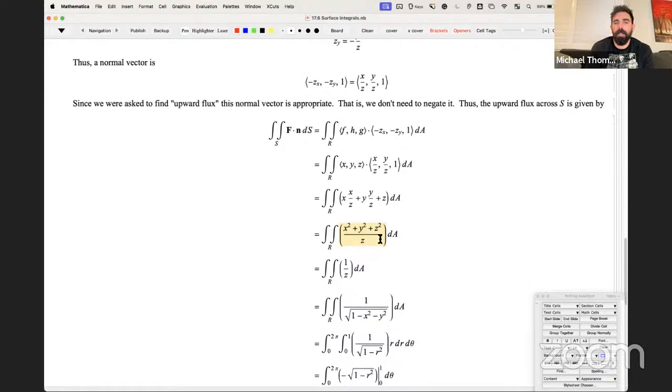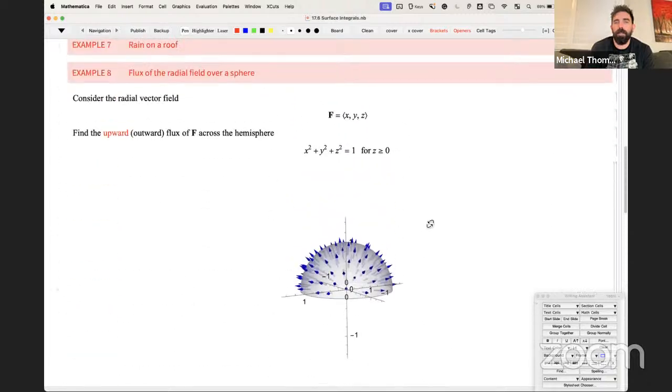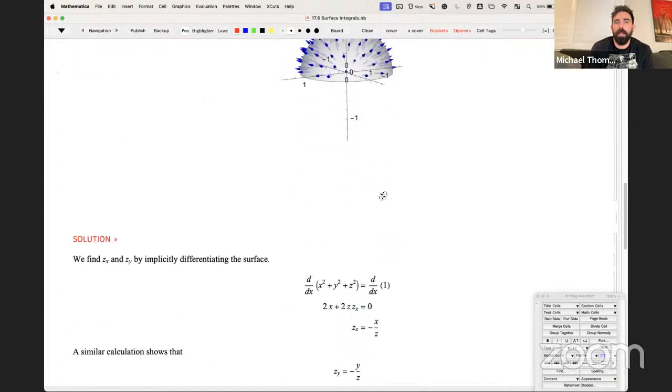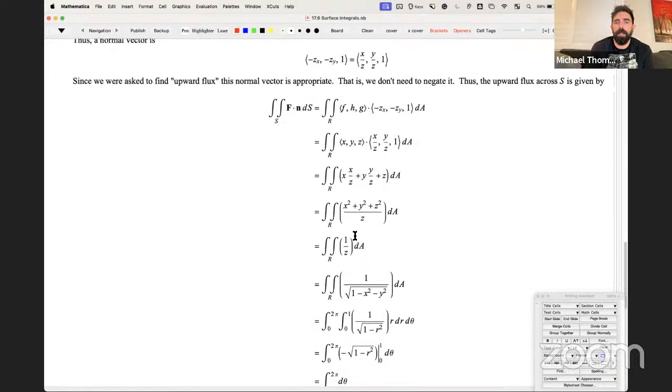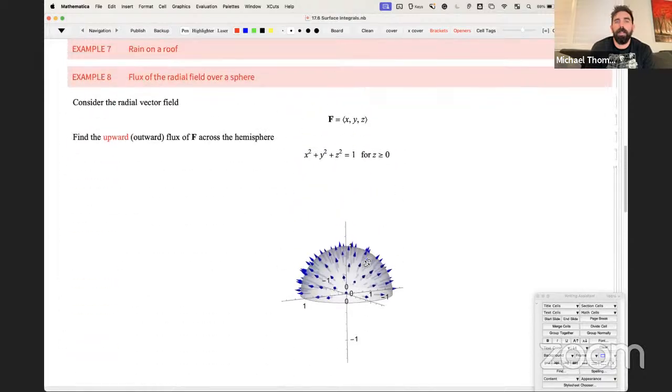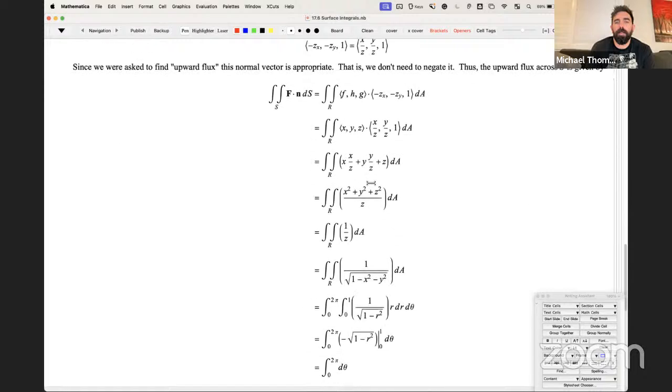There's probably different ways to do this, but here's one of them. X squared plus Y squared plus Z squared, we know that's equal to 1. So that greatly simplifies things. Okay, but we still have the Z there. So how can we rewrite Z in terms of X and Y? Well, you could take this equation and solve for Z to express it this way.